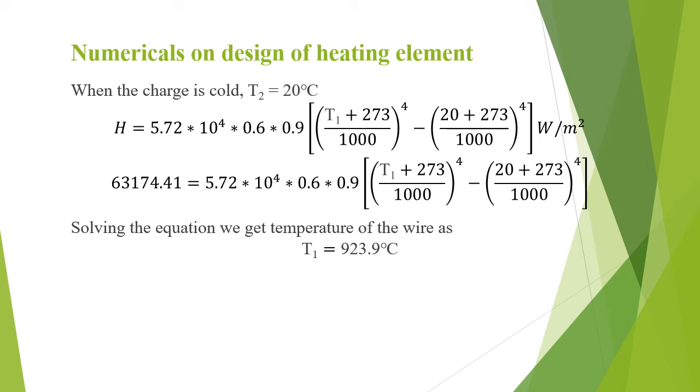Here T2 is the known term and we are supposed to find T1. So T1 is written as it is in the equation. Substituting the other values, we calculate the value of T1. We get the temperature of the heating element T1 as 923.9 degrees Celsius.